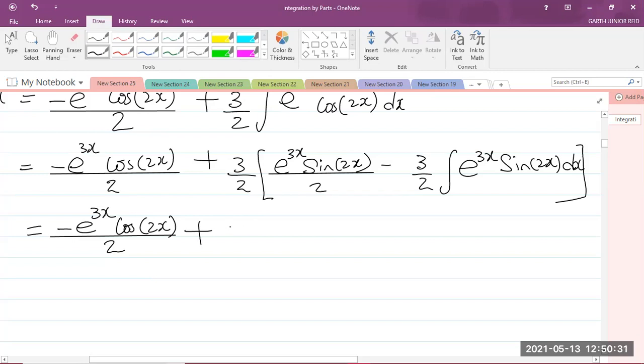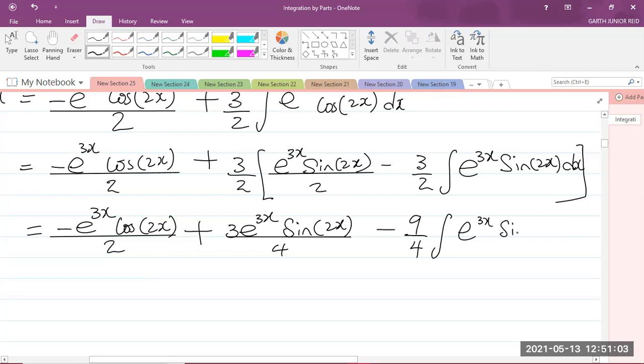So what we now have is 3 e to the power of 3x times the sine of 2x, and I'm dividing also by 4. Okay, so the 2 times the 2 here will give us 4, minus, distribute the 3 over 2 inside for the second term, I will get a 9 over 4, multiplied by the integral of e to the 3x multiplied by the sine of 2x dx.